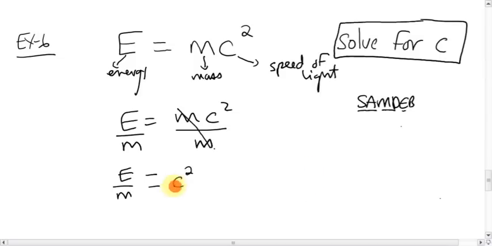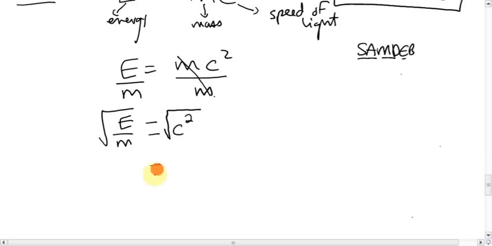So if I want to get rid of this square, I'll take the square root of this side. Whatever I do to this side, I have to do to this side. What this does is it cancels out, just like dividing after multiplying cancels out. The squaring of a square root is like doing the same thing back and forth, and you end up getting a c there.